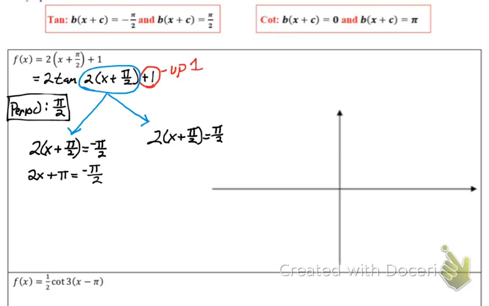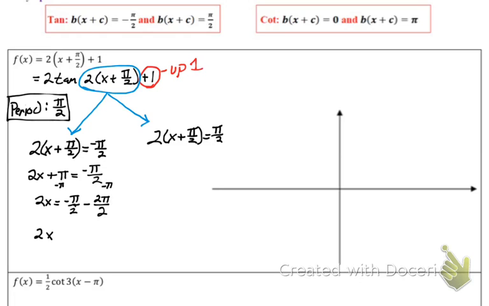I'm going to subtract pi from both sides. That will give me 2x equals negative pi over 2 minus pi. I'm going to change this to minus 2 pi over 2, just so I have a common denominator.